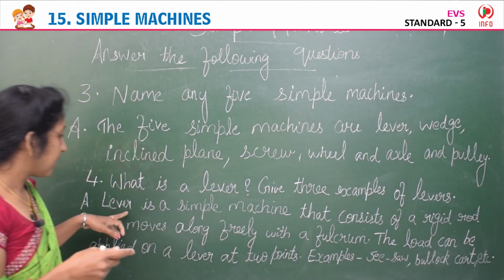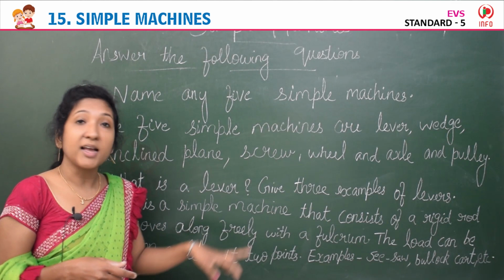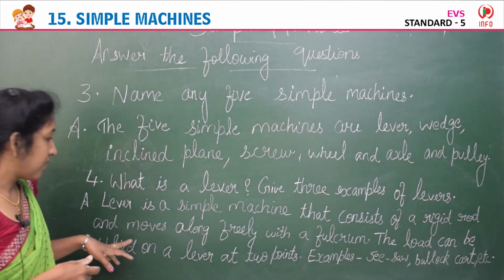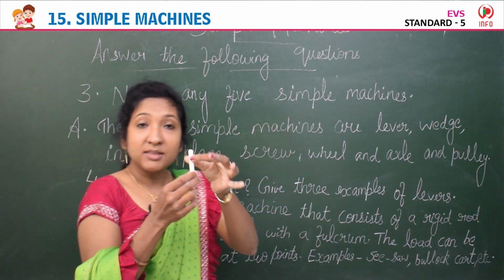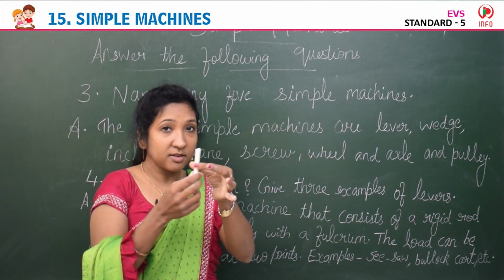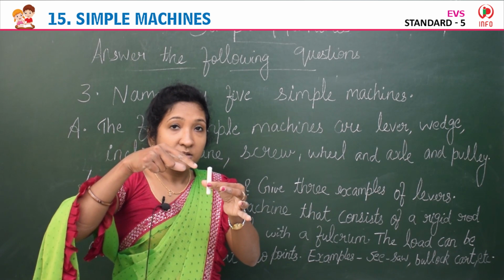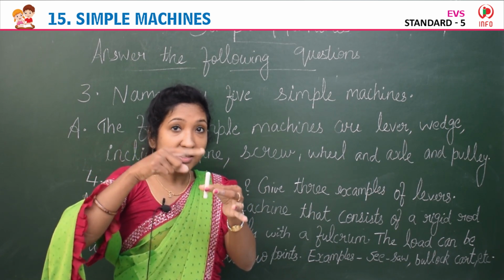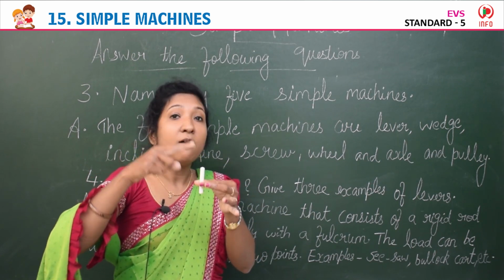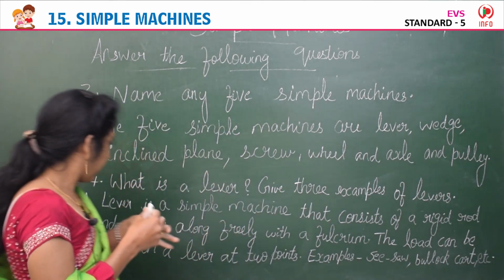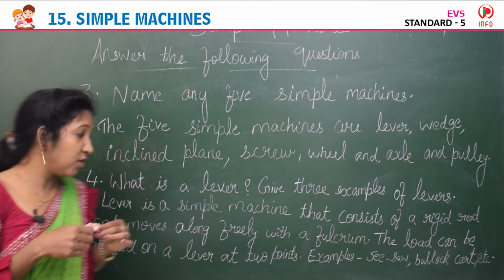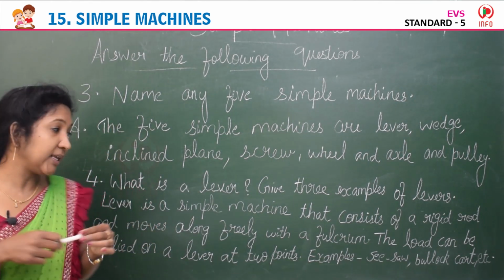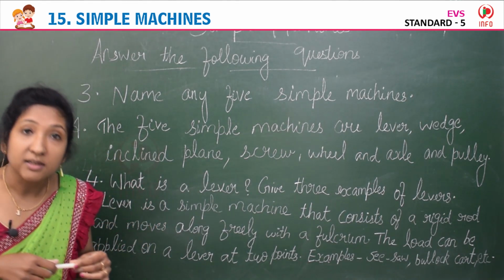So, lever is a simple machine that consists of a rigid rod and moves freely with a fulcrum. In seesaw, I told you the center point, the fixed point at the center, is called nothing but fulcrum.